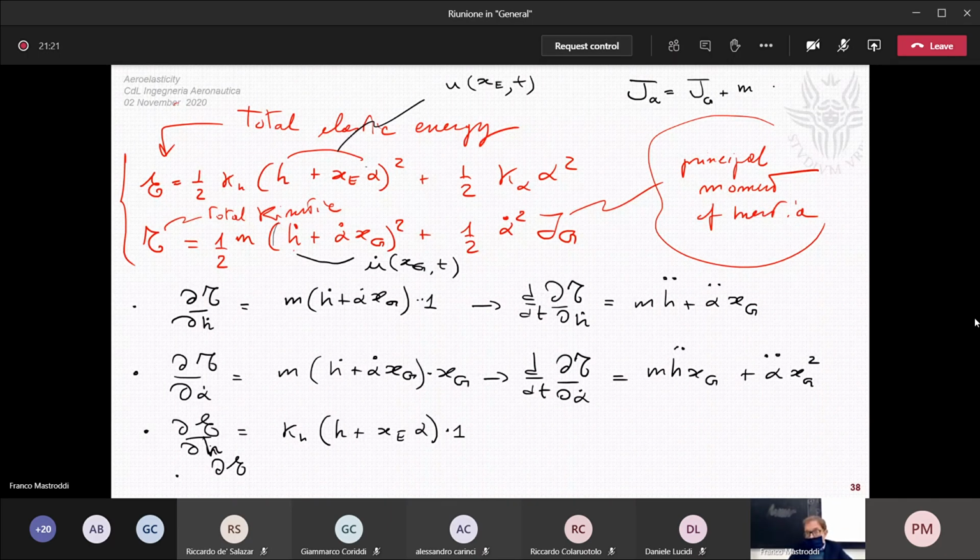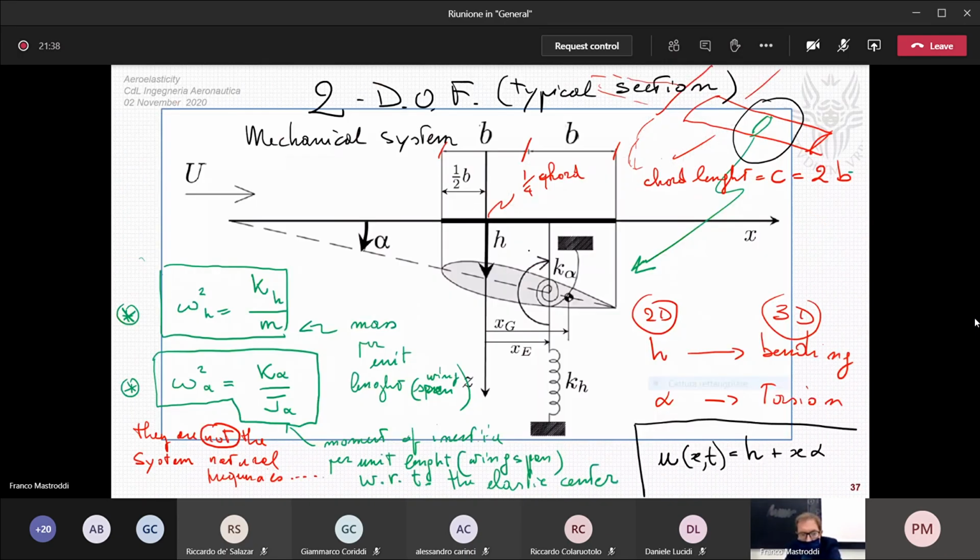And this is the distance between E and G, to the power 2. Okay, so this is the relationship between this Jg and J alpha. I have introduced it here.